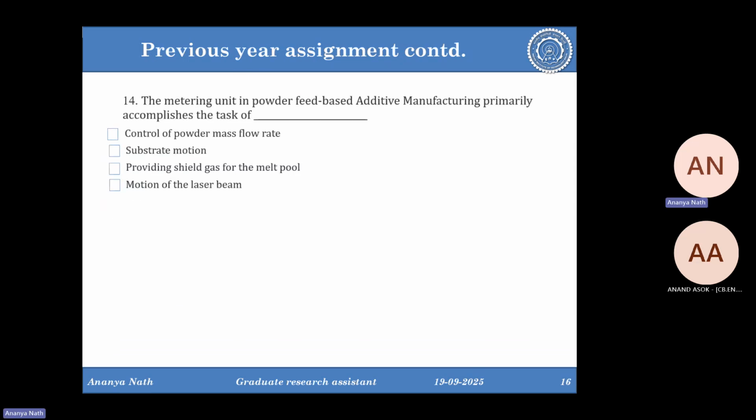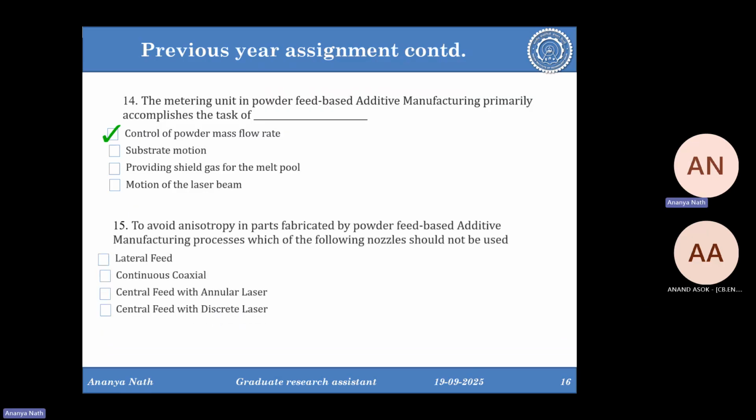Next question: the metering unit in powder feed based AM primarily accomplishes the task of control of powder mass flow rate. To avoid the anisotropy in part fabricated by powder feed AM, which of the following nozzles should not be used? This is the lateral feed.